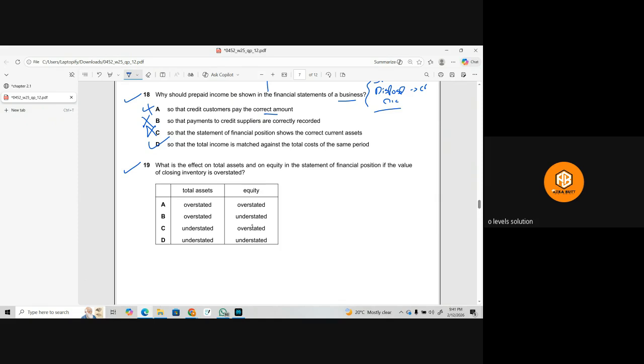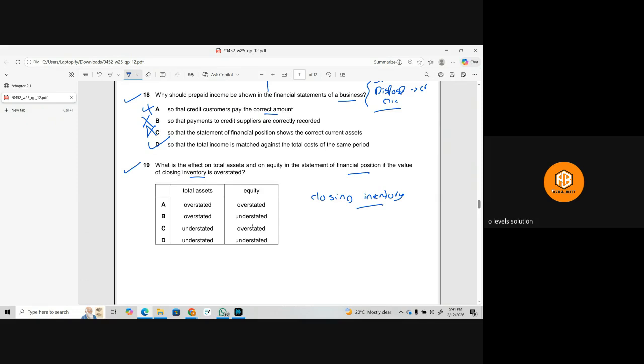Let me read this. What is the effect on total assets and on equity in the statement of financial position if the value of the closing inventory is overstated? We know that we write the closing inventory under the current assets in the statement of financial position. So what will happen if the closing inventory is overstated?